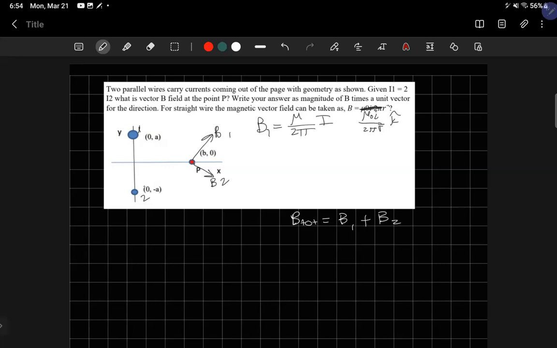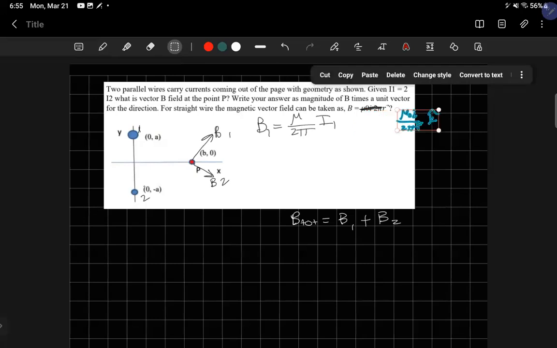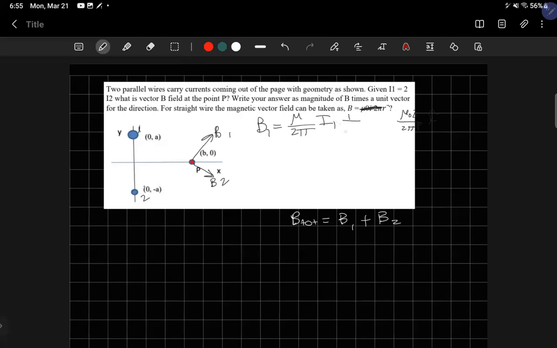Okay, over 2 pi, then I1. And then we get the R, which should just be the square root of A squared plus B squared.